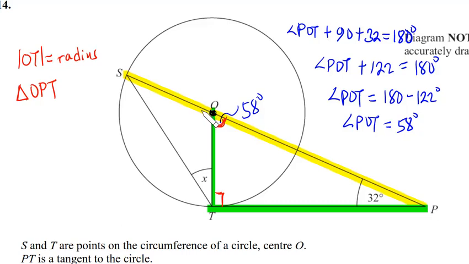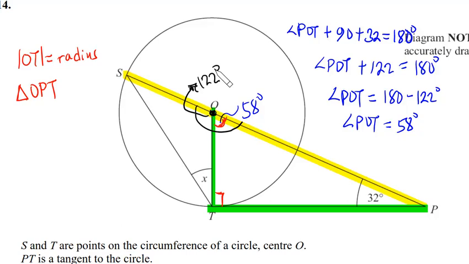So the remaining angle here will be 180 minus 58, and that equals 122 degrees. Anyway, that can also be seen as the exterior angle of a triangle equals the sum of the two opposite interior angles. Let's just use 122 degrees as angle SOT.